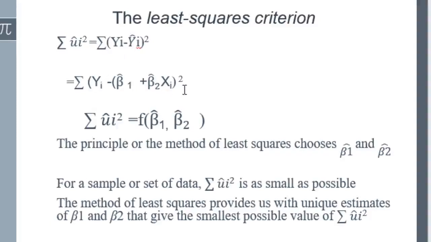In order to estimate beta 1 cap and beta 2 cap, we have selected the least square criterion method, where we take the sum of squares: sigma ui cap square equal to sigma of yi minus beta 1 cap minus beta 2 cap xi, whole square. This is the least square criterion, and from this we can derive beta 1 and beta 2.